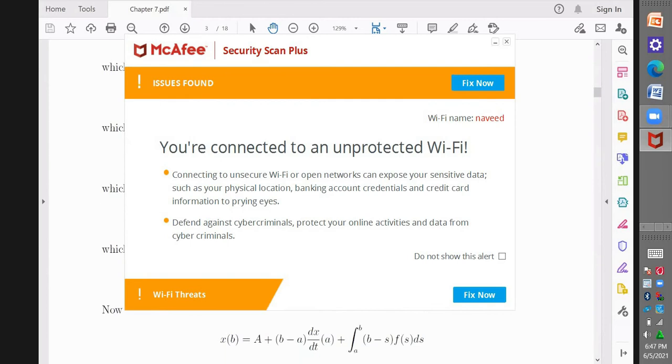Now just substitute t equal to b, so you can see x at b is a plus (b minus a) dx over dt at a, plus integral from a to b of (b minus s) f of s ds.